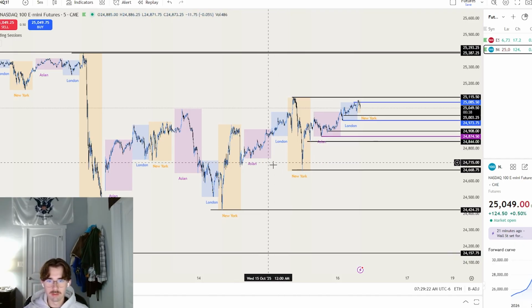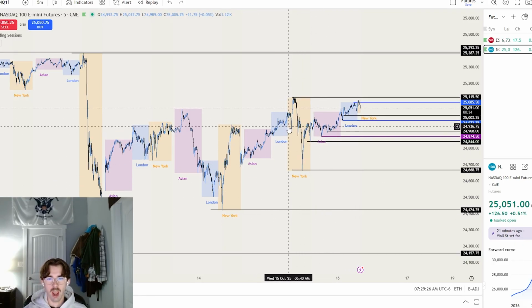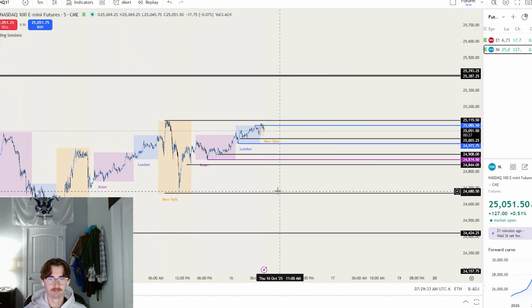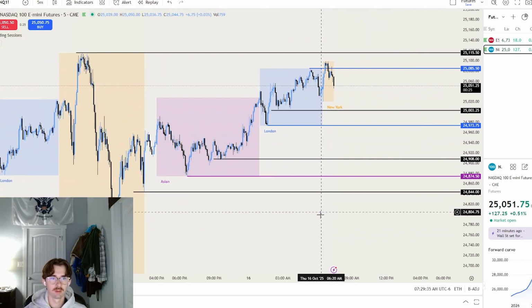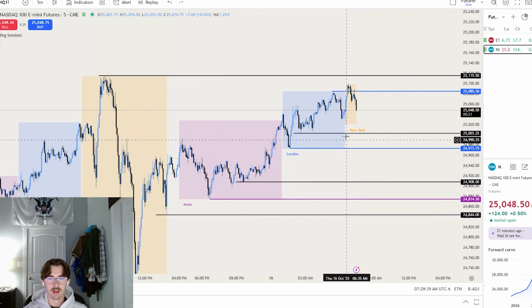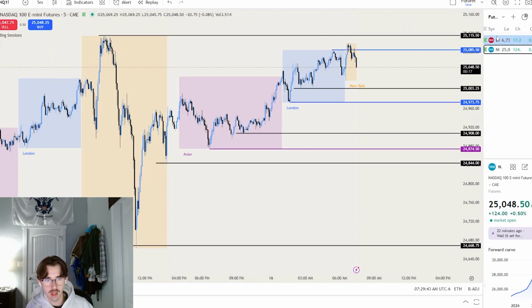Price did initially make a move up and then came down pretty heavy, which is fine. Price just kind of consolidated in the middle zone. And then London session manipulated Asian on both indexes, so my bias for today is manipulation reversal.